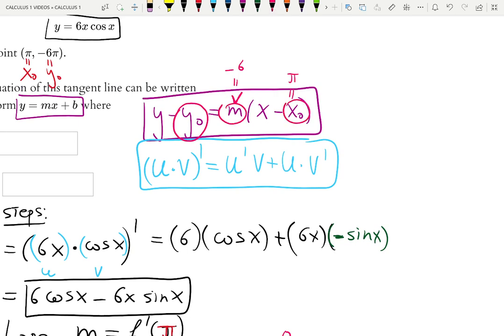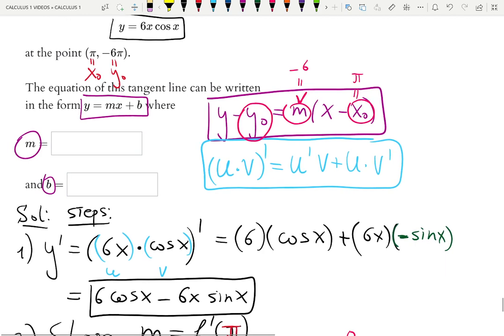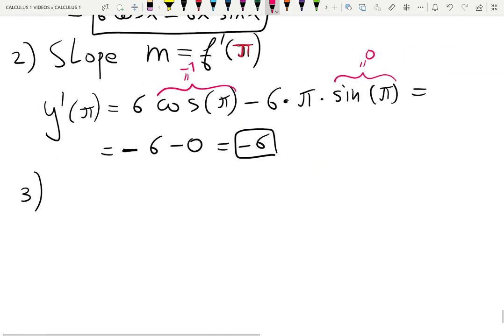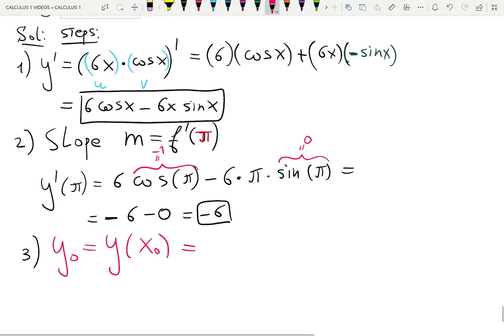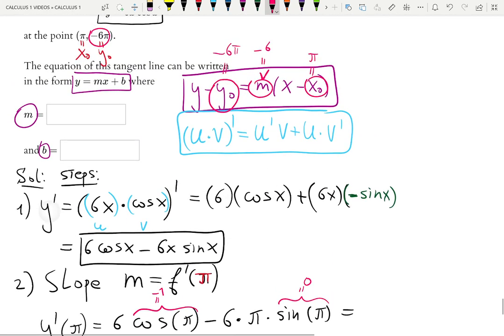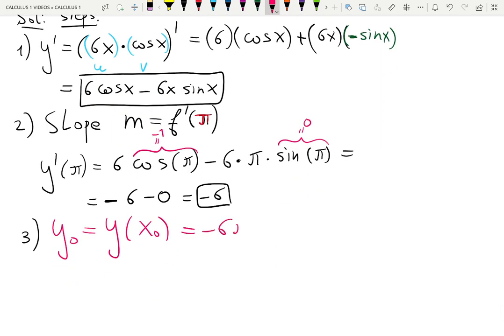Sometimes it is given. Let's check. It is indeed given as minus 6 pi. If it's not given, you have to find it yourself. To find y sub 0, you need to plug x sub 0 into the original function. Someone already did it for us. You can check it is true, and it is minus 6 pi.